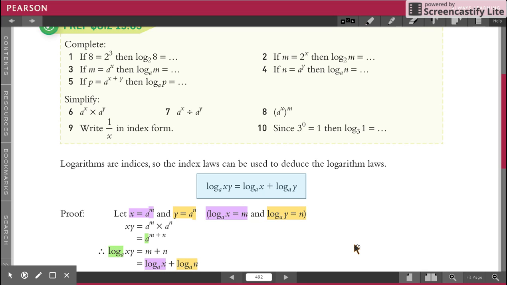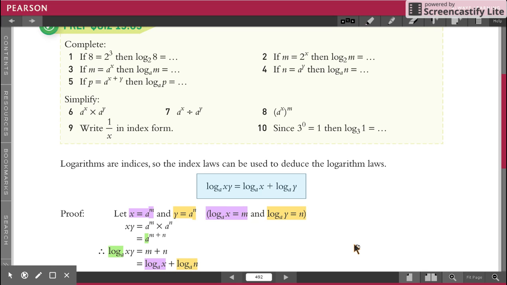Again, we are allowed to take the log of both sides. So log a in the green there will eliminate that unwanted base of a and bring the powers down to become the subjects. Therefore, log a of xy is equal to m plus n.